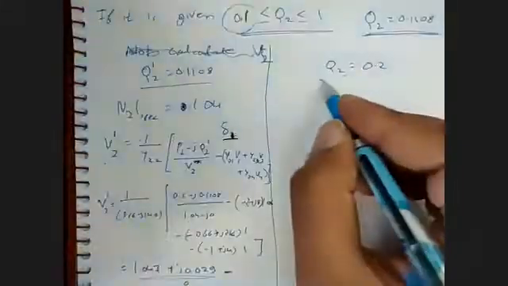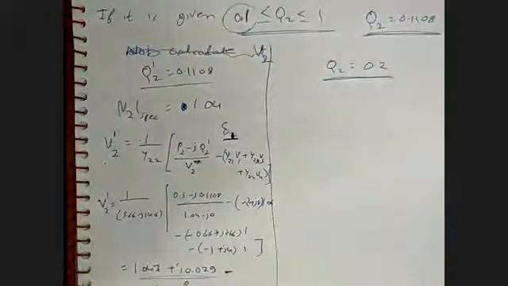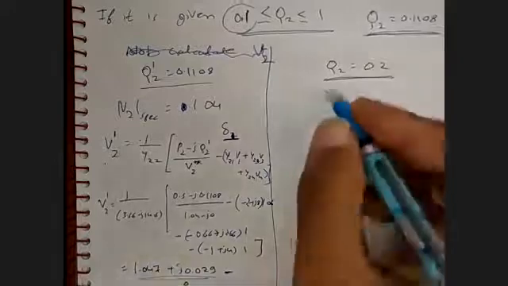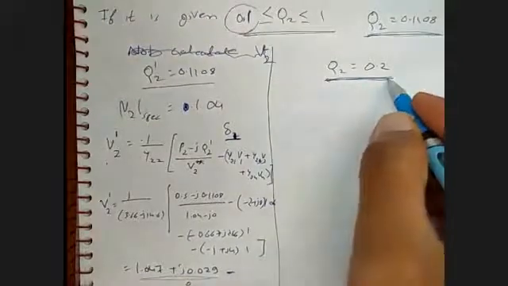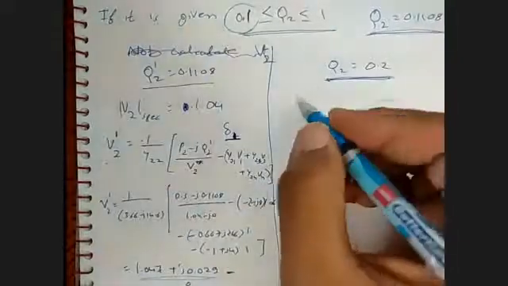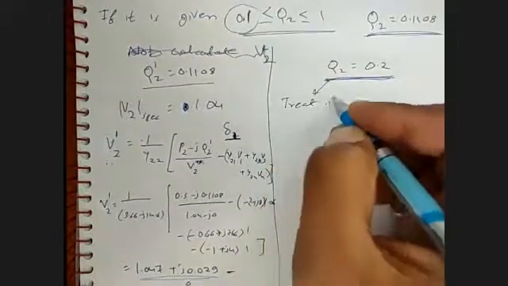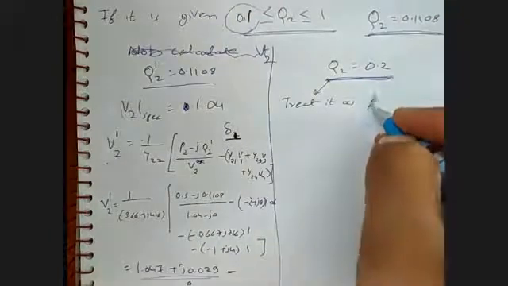And now if the calculated Q is not in the range, then we have to make it constant to the minimum value or to the maximum value. Now for this Q2, if that is not in the range, then we have to treat it as PQ bus.